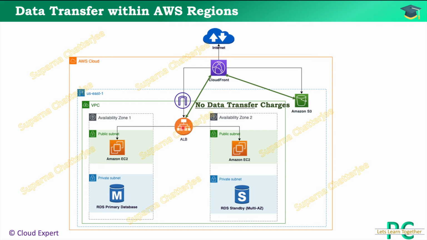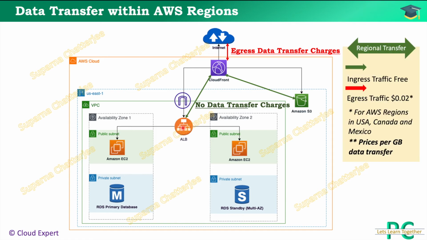Now, what about the charges for egress? Whenever there is a data transfer from your CloudFront to the internet, you are going to pay an egress data transfer charge. For this use case, any ingress traffic from the internet to your CloudFront will be free.